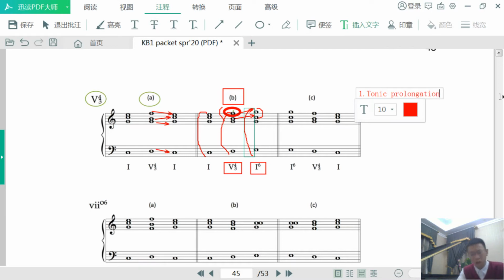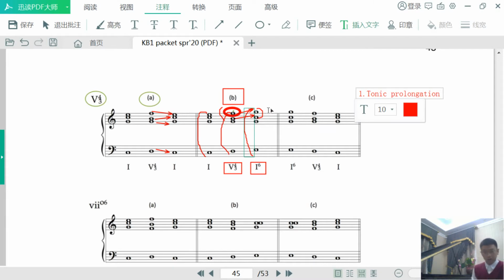Oh my god, my spelling maybe is not correct, but tonic prolongation, which will be because we used the passing 6-4 before, right? Do you remember? Sorry for the mistake, but you can hear that we prolong the one chord.